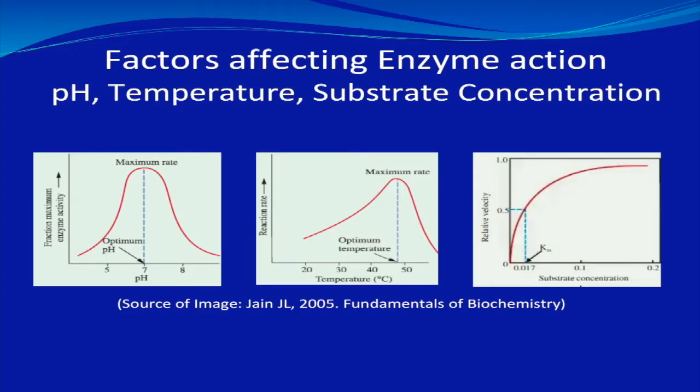Next, when we think about the properties of enzymes, as I told you earlier, enzymes are highly specific in nature and they depend upon certain important factors like pH, temperature and concentration. So when I talk about pH, as we all know, pH is negative logarithm of hydrogen ion concentration. So as you increase the pH, the rate of the reaction will increase. But after a particular point, after it reaches a peak, it falls down.